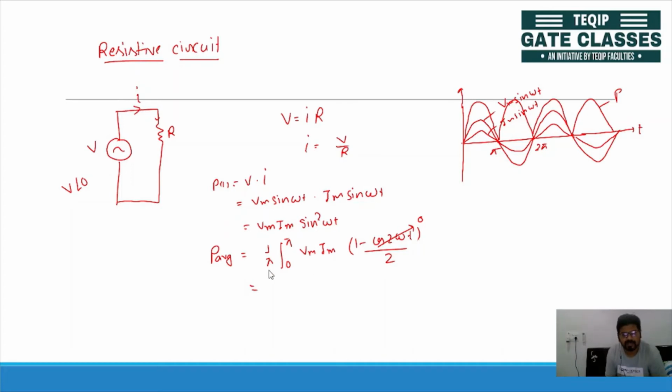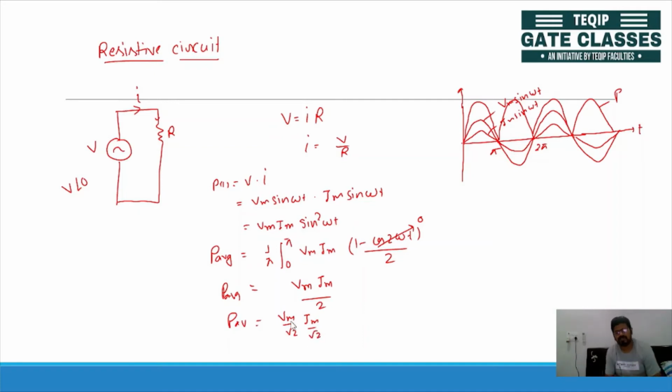Pi will cancel, so you will get only Vm Im by 2, and you can write it as P average is equal to Vm by root 2 and Im by root 2.